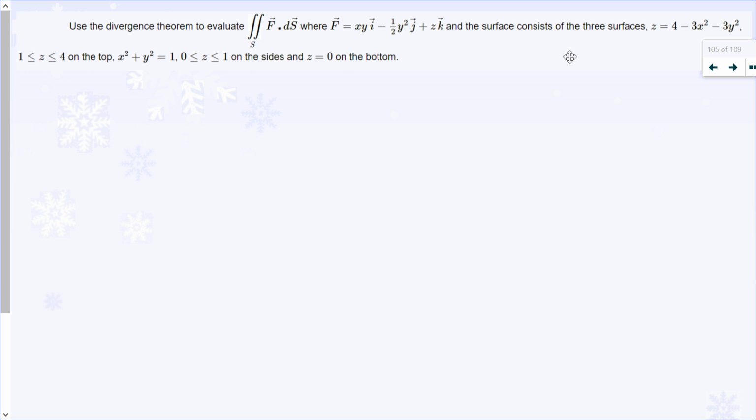And I'm going to begin with a picture. Do we know what z equals 4 minus 3x squared minus 3y squared is?